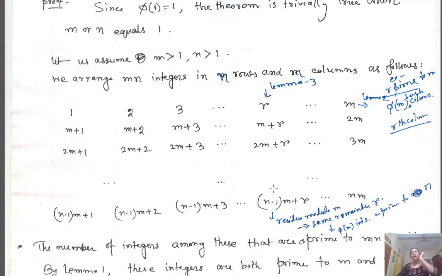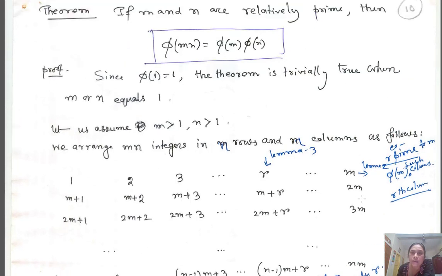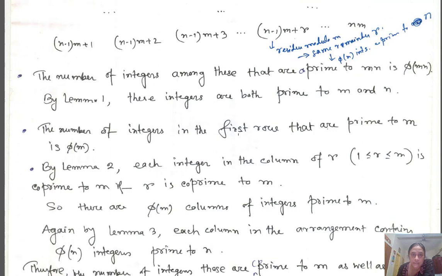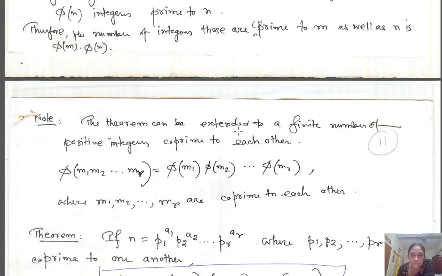So there are a total of phi m into phi n many elements in this array which are co-prime to both m and n, and by lemma 1 they are counted here also. So this is it. Okay, this completes the proof.